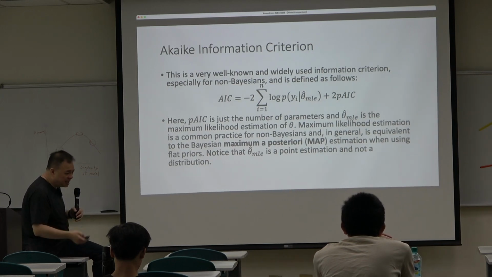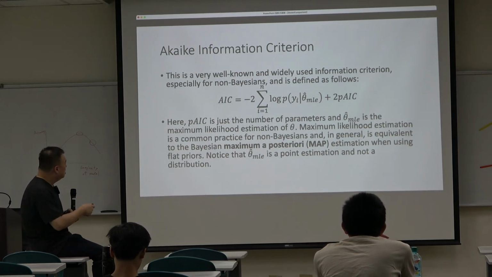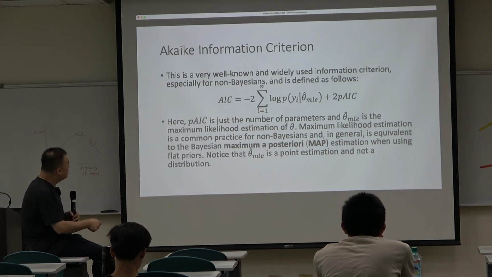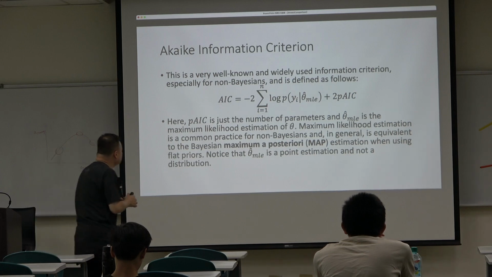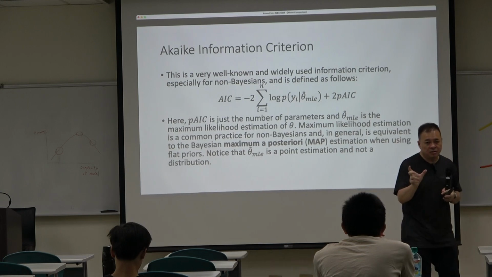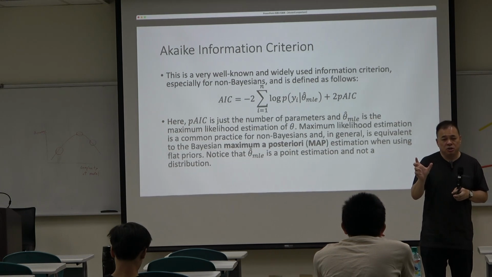As I said, there are so many of them. I will not go into the details. And also, the important thing is, remember I said we will have a penalization term, right? To adjust.